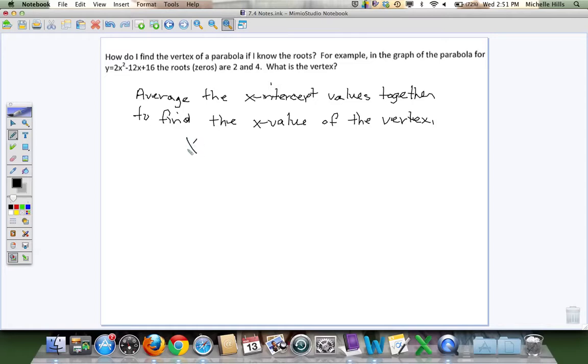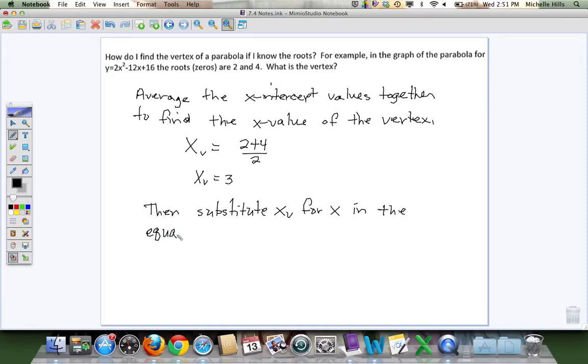So, the x value of the vertex, that's what that little subscript of v is going to tell me. I would take the 2 plus 4 and divide it by 2 to say the x value of the vertex is 3. Then, substitute the x value of the vertex for x in the equation, and solve for y.